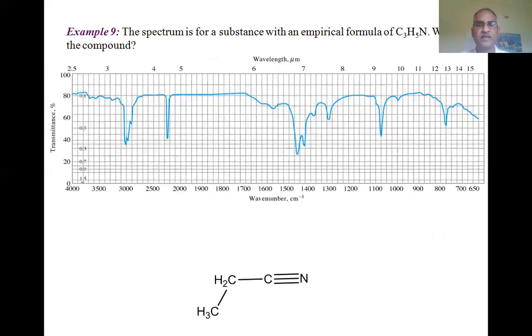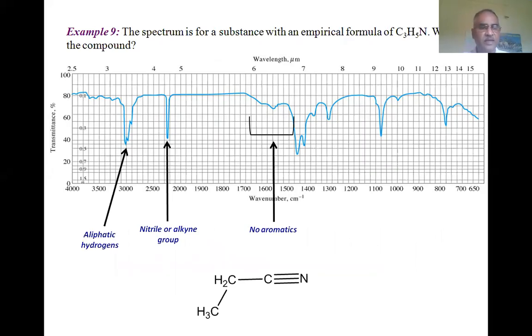And this is another typical example of an infrared spectrum. So you can see this peak belongs to the nitrile group, and this shows that there are no aromatics, and aliphatic hydrogens are present here. One or more alkane groups are present here.